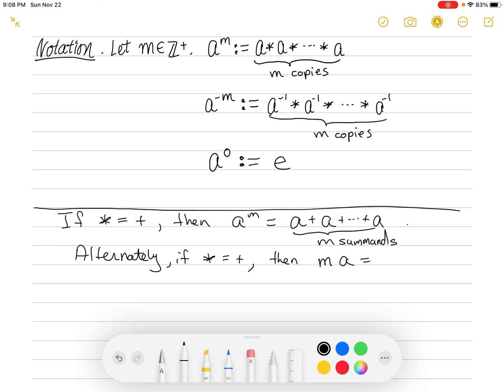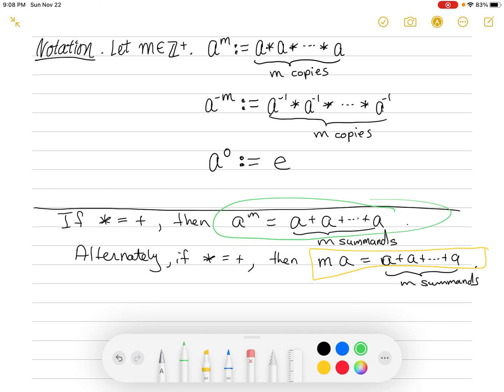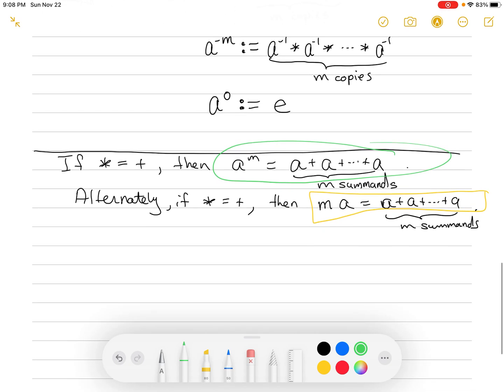That just means you're taking m copies of a. So you have a added together a bunch of times, m summands. So just be aware that you could see either notation. This is the non-confusing one, and the green one is a little confusing. Just be aware, sometimes you'll see a to the m and it actually means adding a together.